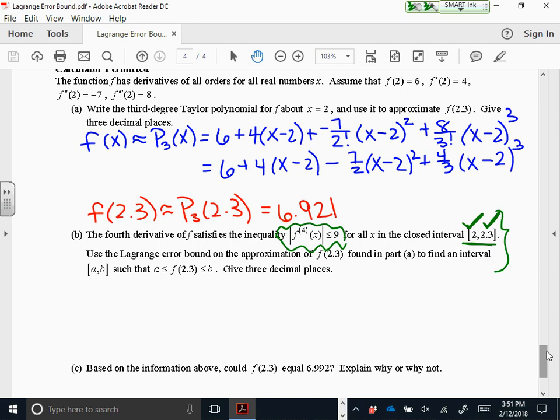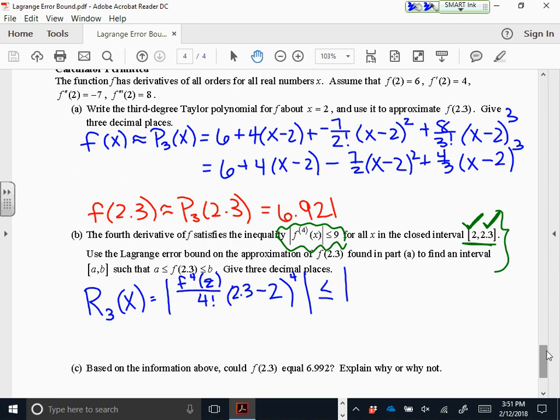So if that's the case, then the error, or the remainder is what we like to call it, on that interval is going to be the max of our fourth derivative over 4 factorial times, we centered at 2, so we typically have x minus 2 to the fourth power in this case, but we approximated at 2.3, so that's what we're going to throw in there. Now, we know that that fourth derivative is less than or equal to 9.